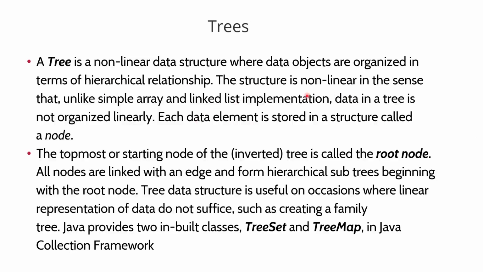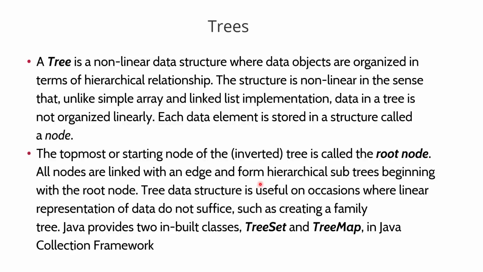So formally, a tree is a nonlinear data structure where the data objects are organized hierarchically. The structure is nonlinear in the sense it's not like a simple array or linked list. Data in the tree is organized in that hierarchical fashion, and each element is stored in a structure called a node. The topmost starting node in a tree is like an inverted tree.